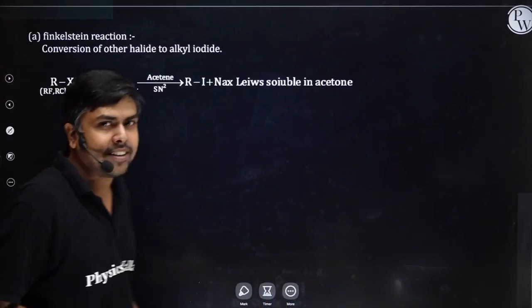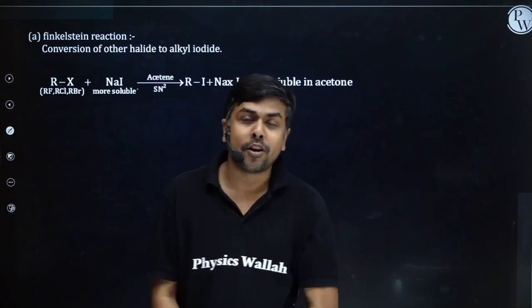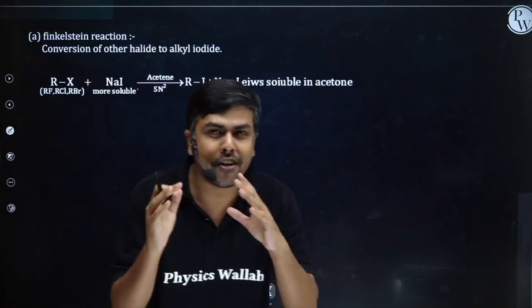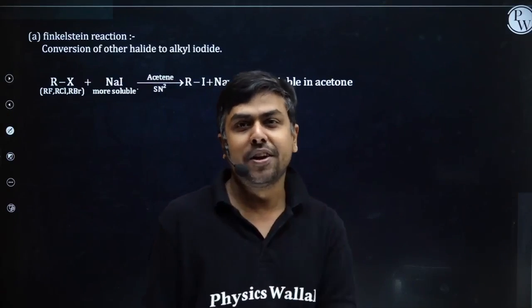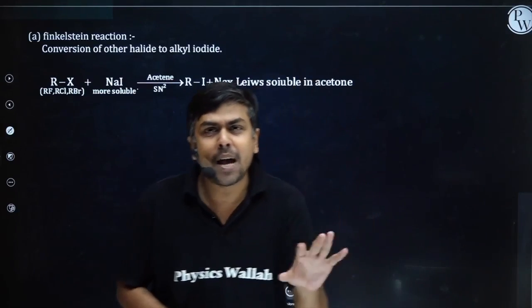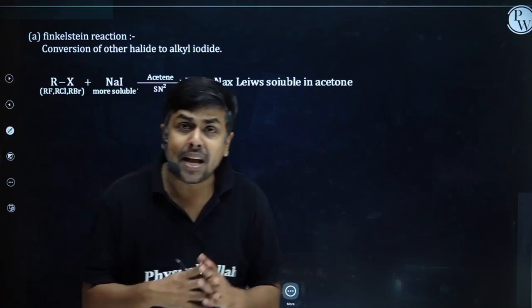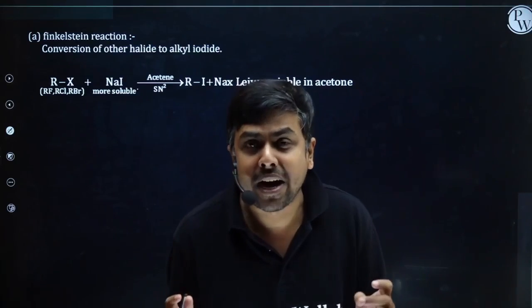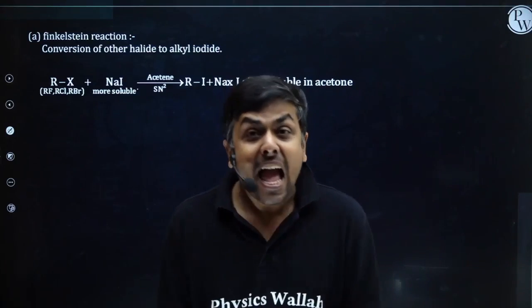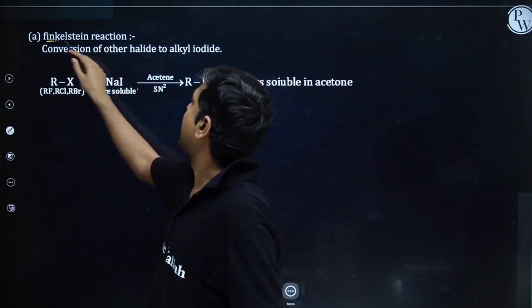Student, moving ahead, the next method of preparation which we have to study for the formation of alkyl halide is a very important reaction, and this particular reaction is a halogen exchange reaction. Already I am having alkyl halide. Any alkyl halide, we can have alkyl chloride or alkyl bromide, and then if I want alkyl iodide, I am going to use this particular reaction.